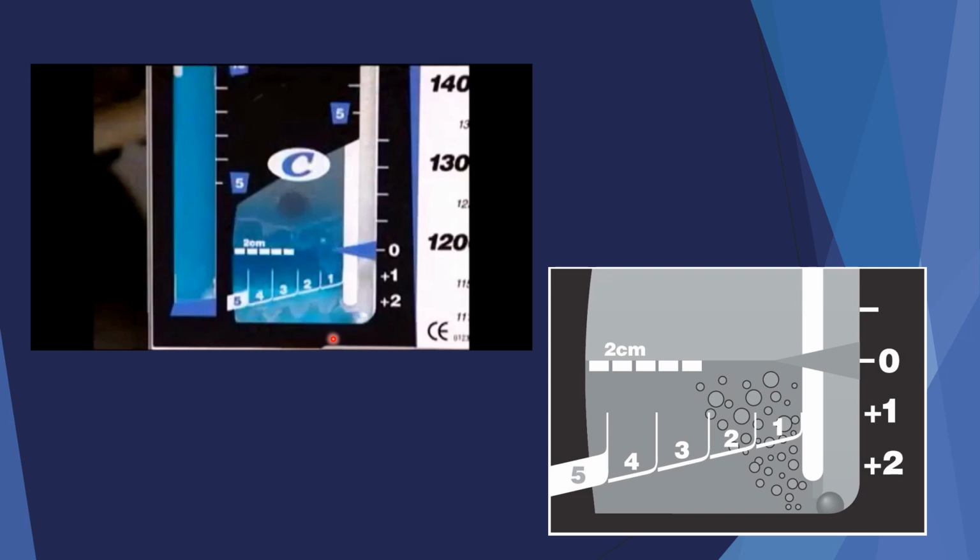If you still have an air leak, we move down to the connector and clamp right below that connector. If the air leak stops, you know that the connector is where the air leak is occurring, and you're going to have to try to resecure that or figure out if there's any way to reduce that down.